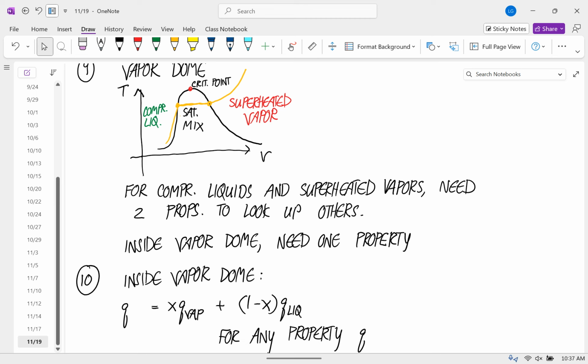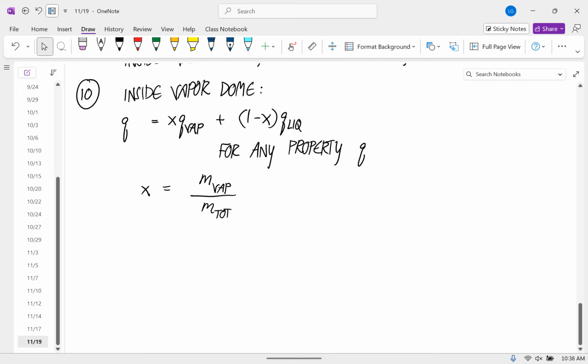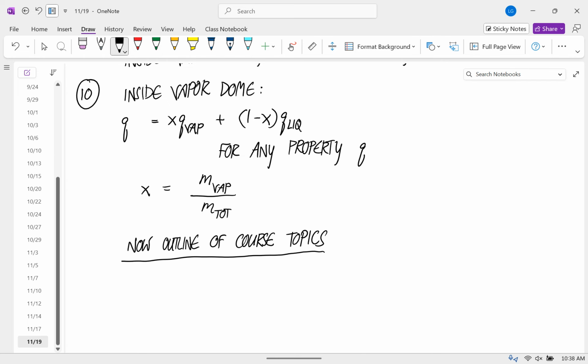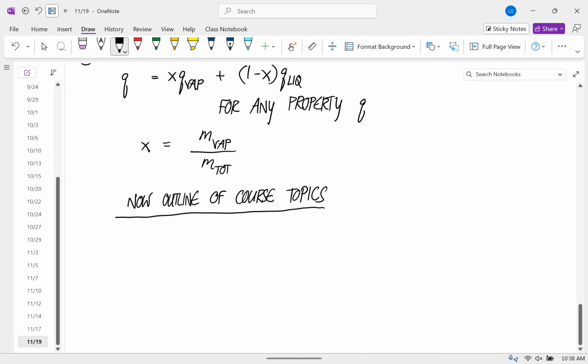All right, so now I'm going to do a quick abbreviated outline of the course topics we've talked about so far. The first one is the first law of thermodynamics.